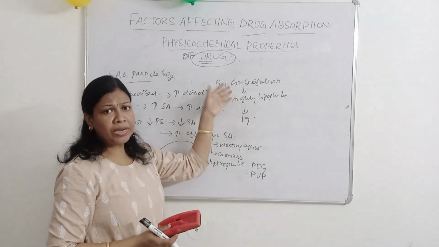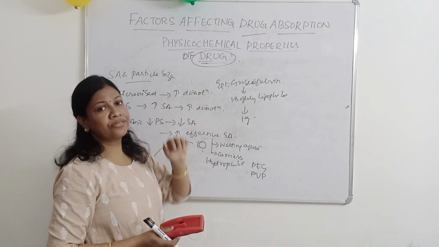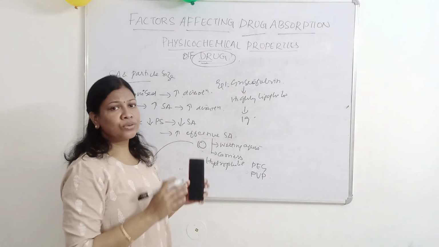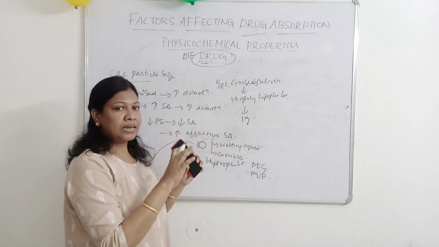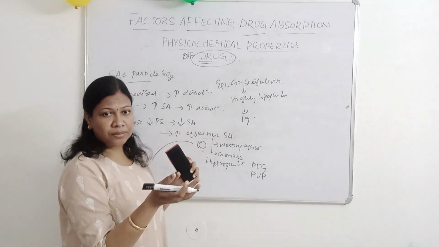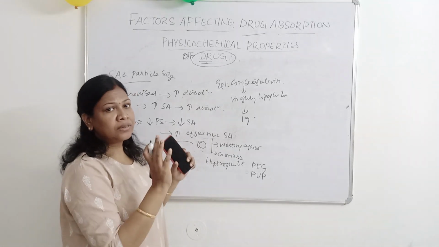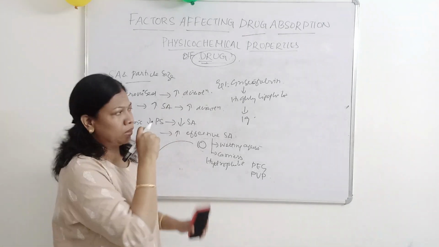So to improve the bioavailability of the drug, we can try micronization. So in the market, the marketed formulation of griseofulvin is prepared with micronization.